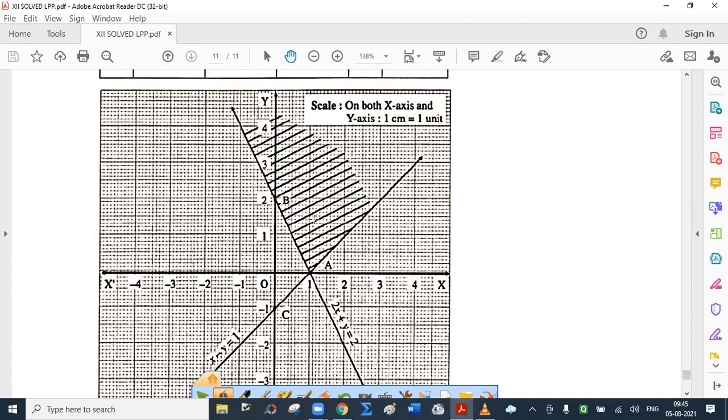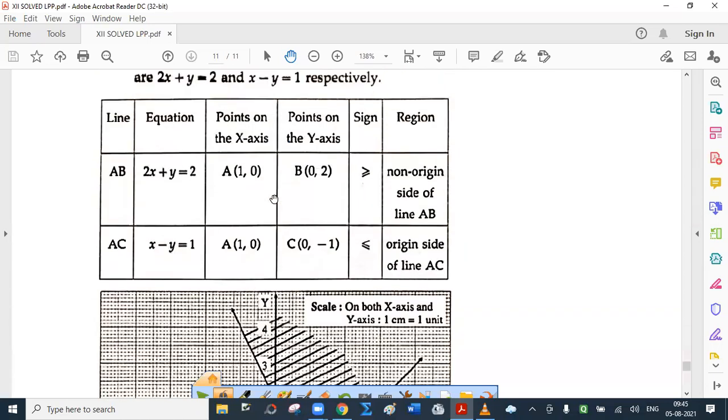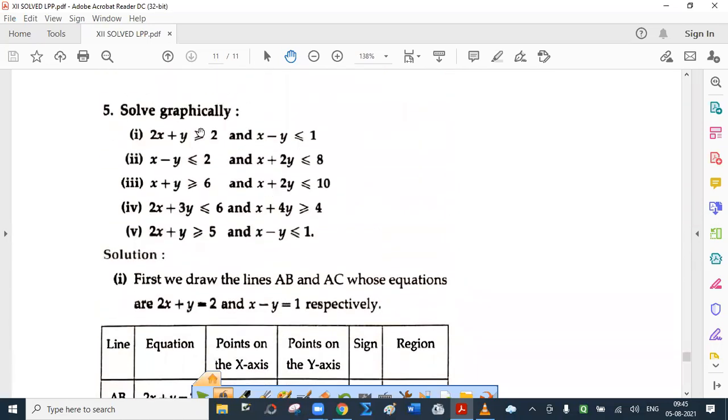That is also correct. But after sufficient practice, see, above this line, so this is the region. Are we supposed to consider points on these arrows? Yes, we have to consider, because observe the inequations. Greater than or equal to, less than or equal to.